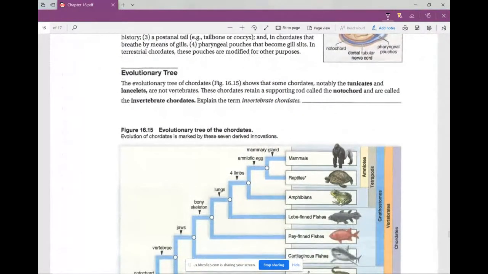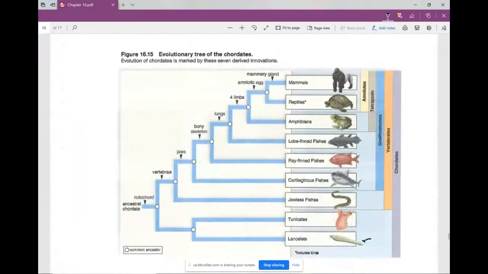The evolutionary tree of chordates shows that some chordates, notably the tunicates and lancelets, are not vertebrates. Okay, so those, here we go, lancelet, they look like little worms. This one looks like a squishy grape.